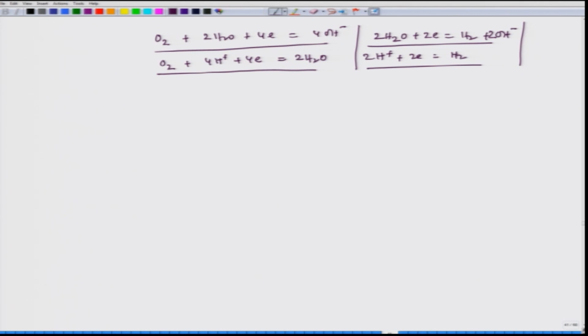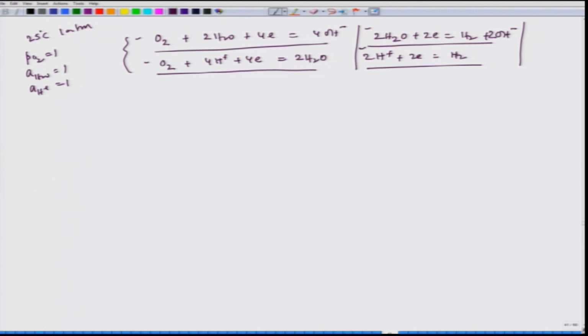Now, this is also a reduction process, this is reduction, this is reduction, this is reduction. We can also have standard reduction potential for those reduction processes, and in these situations we have to consider again 25 degree Celsius, 1 atmosphere pressure, PO2 should be 1, activity of H2O should be 1, activity of H plus should be 1.